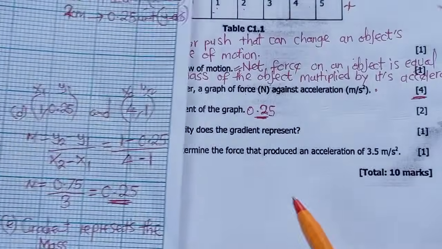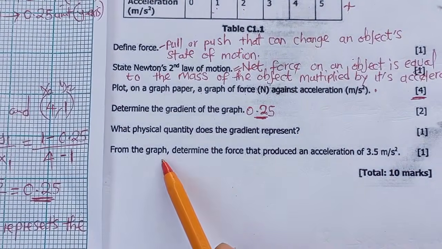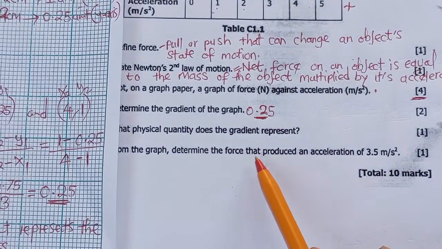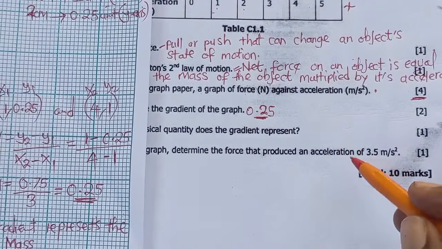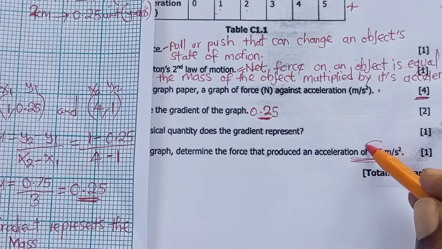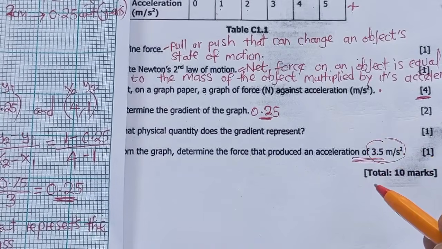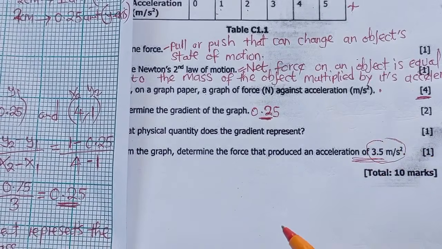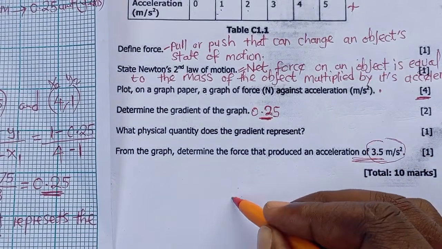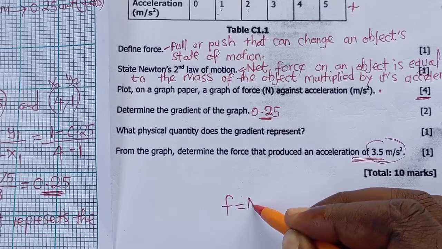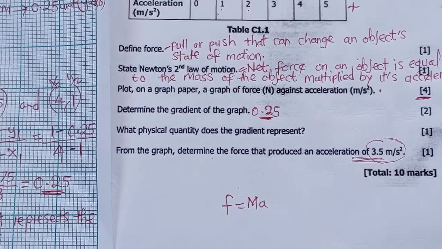We now go to the last question. It says, from the graph, determine the force that produced an acceleration of 3.5. What you need to do here is say force is equal to mass times acceleration.